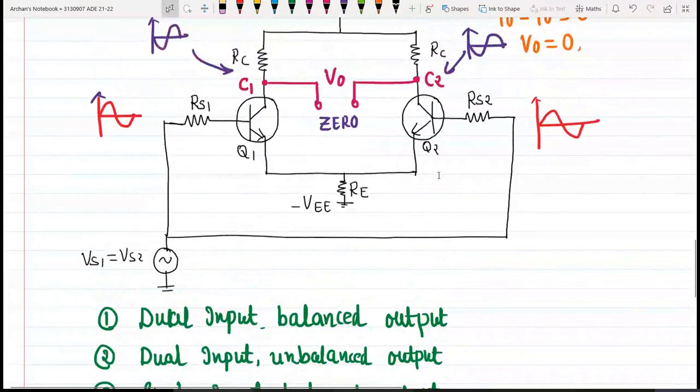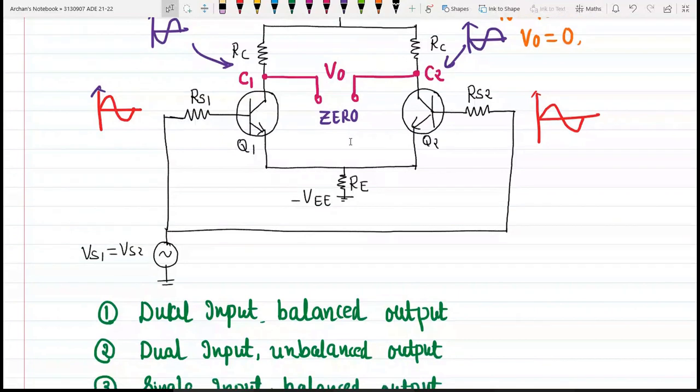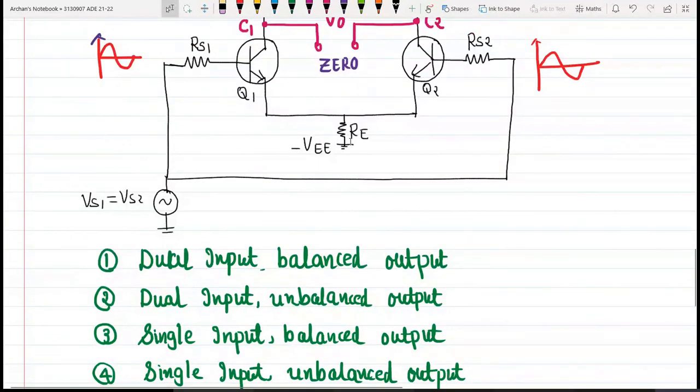And if you measure the output voltage between one of the collector terminals and the ground, then it is called unbalanced output. The operation of this dual input balanced output differential amplifier in differential mode and common mode we just discussed. This configuration is also known as the symmetrical differential amplifier.